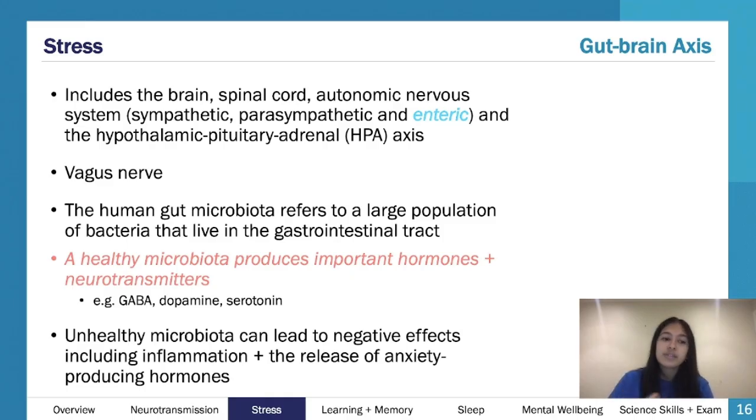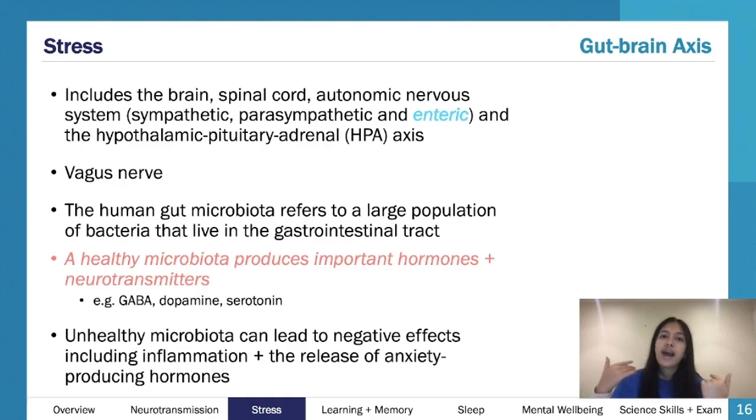A key example of this is that the bacteria in your gut are involved in producing a lot of important hormones and neurotransmitters. These include ones we've talked about: GABA, dopamine, serotonin. So if you've got dysbiosis, your bacteria are going a bit funky, and your levels of important hormones, neurotransmitters and neuromodulators are thrown out of whack.